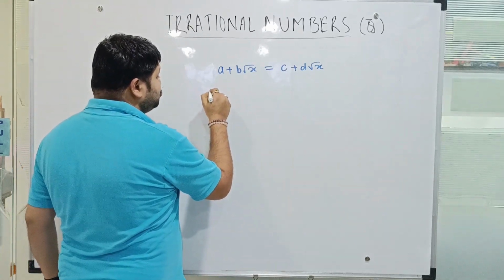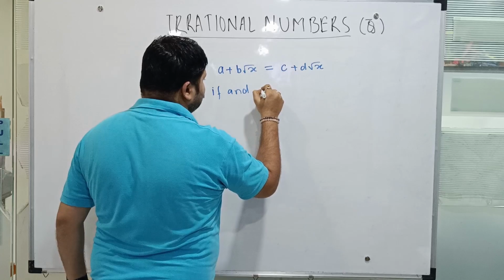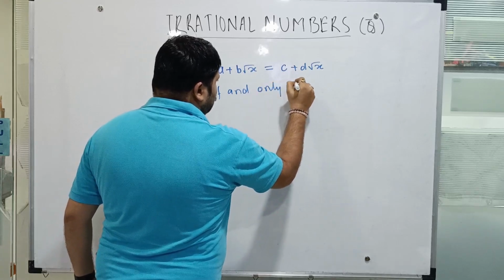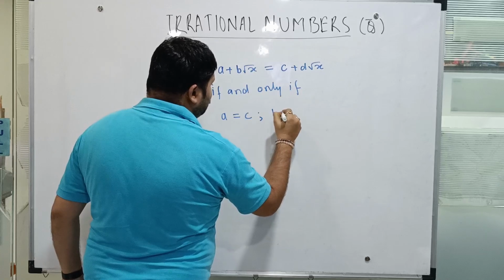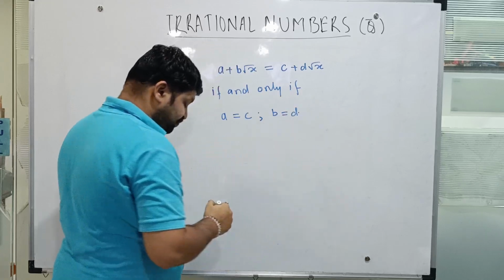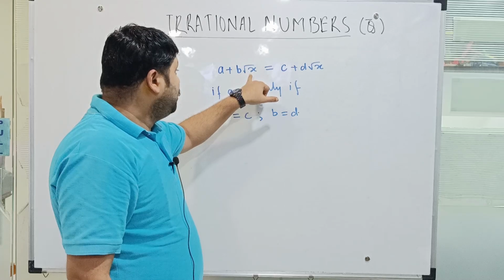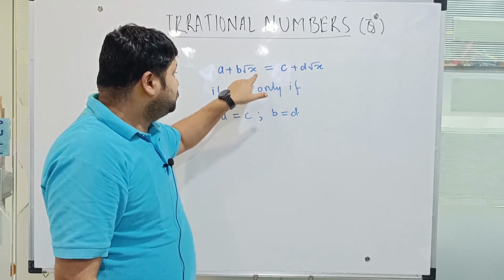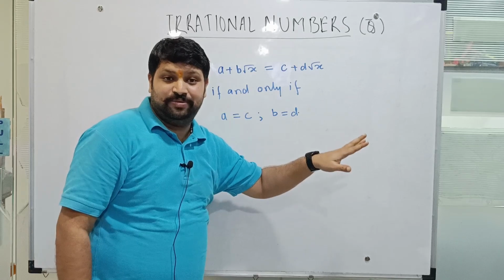Then this is possible if and only if a is equal to c and b is equal to d. It is important to note here that the irrational part in both the numbers is exactly the same.